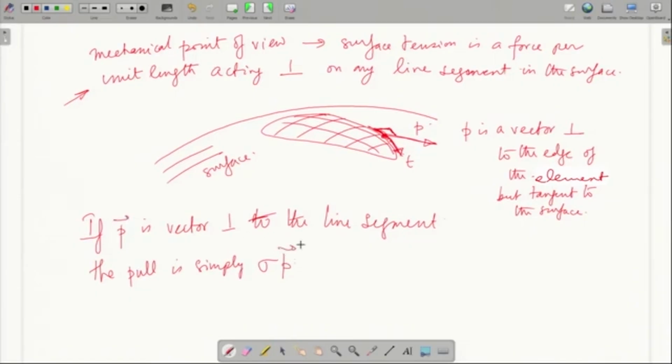Remember, p is a vector per unit length. So, this is the idea.